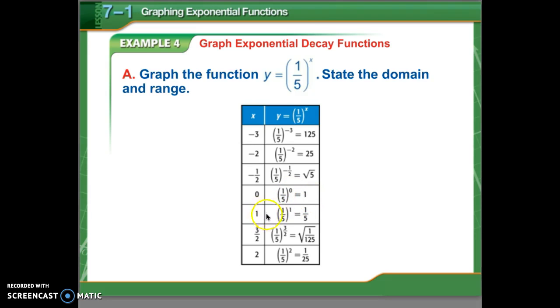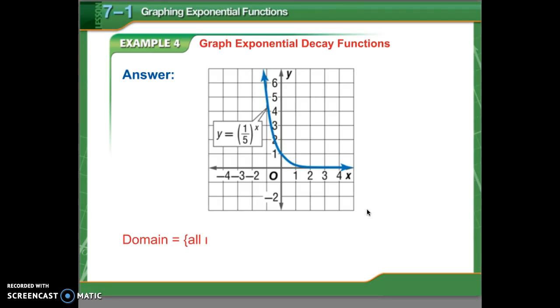When we plug in 1, we get 1/5. When we plug in 1/2, we get the square root of 1/125. When we plug in 2, we get 1/25. So you can see these y values get really small really quickly for the x values that we plug in. And similarly, for negative x values, the y values get large very quickly.